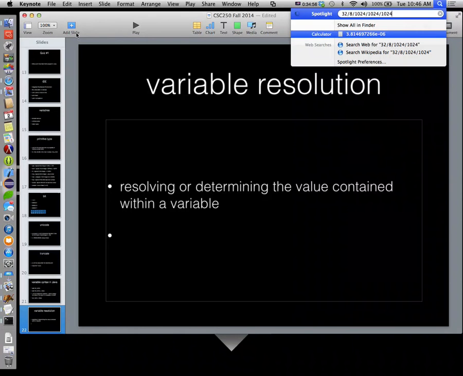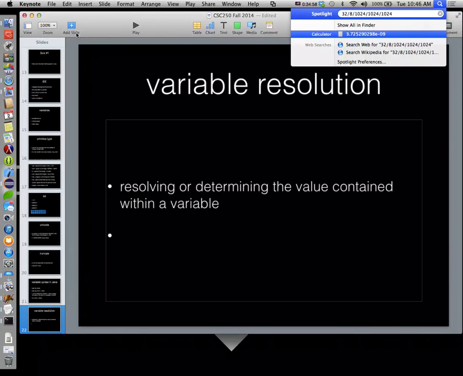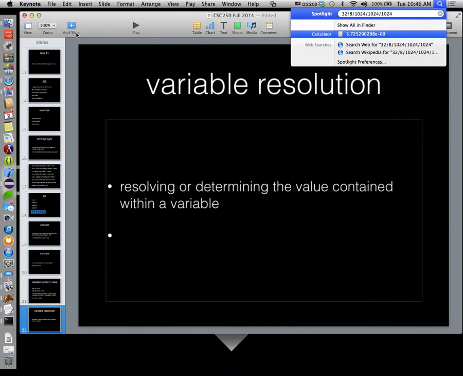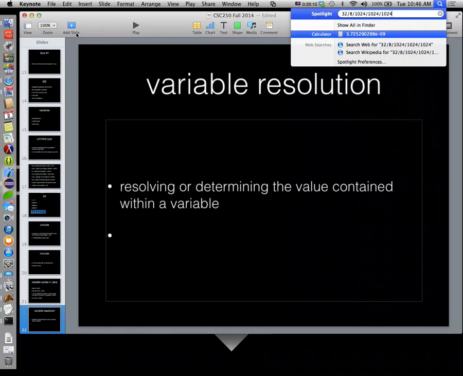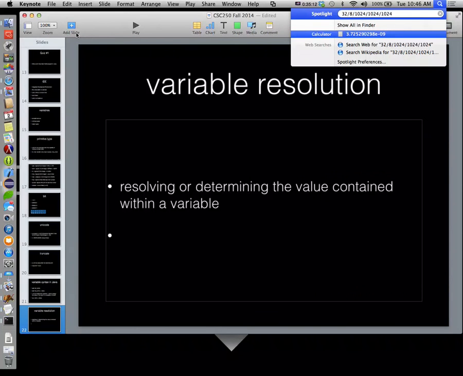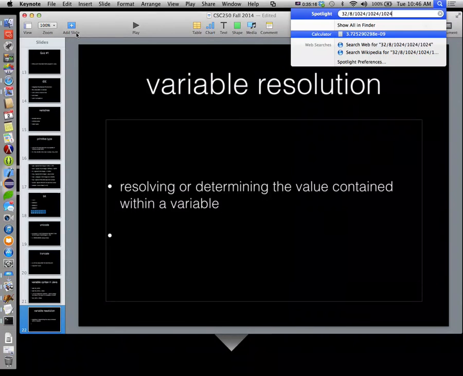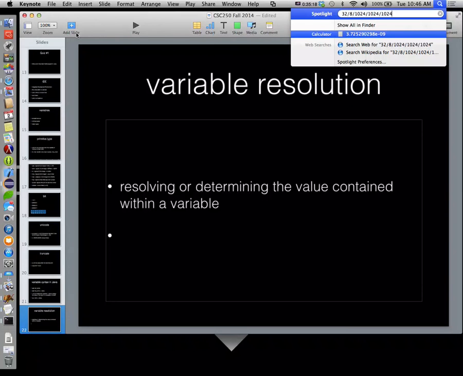Divided by 1024 is an even tinier number of gigabytes. So that's how big an int is in terms of gigabytes. How many of those do we have to get to 32?